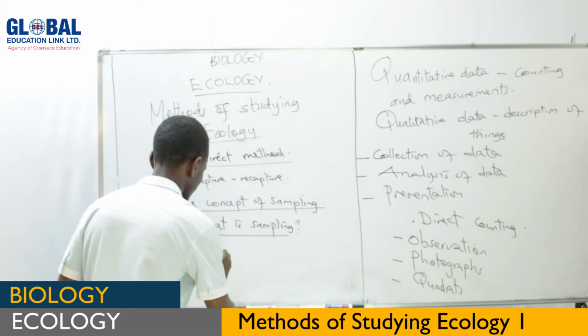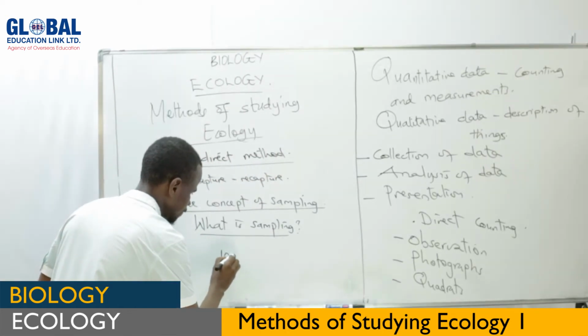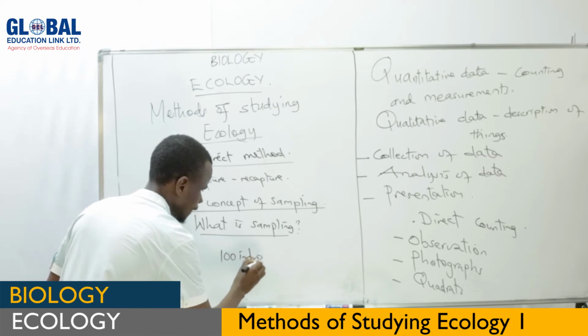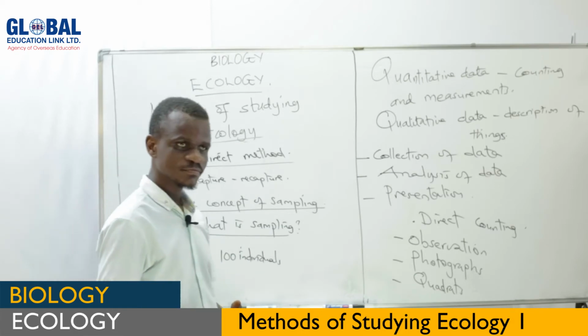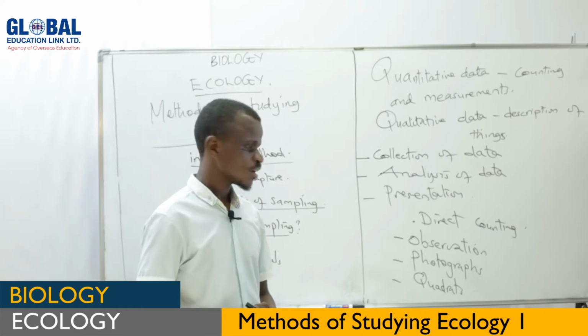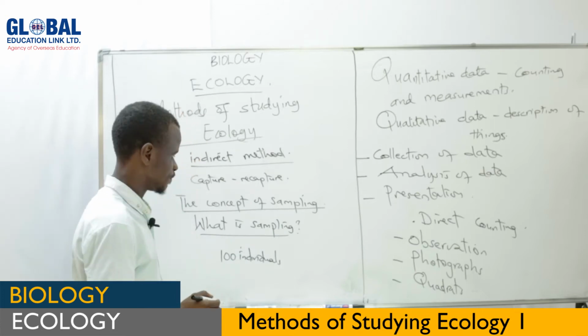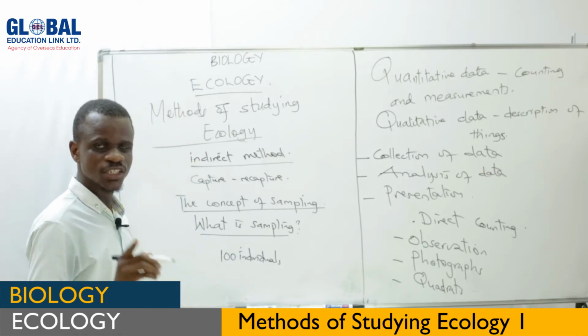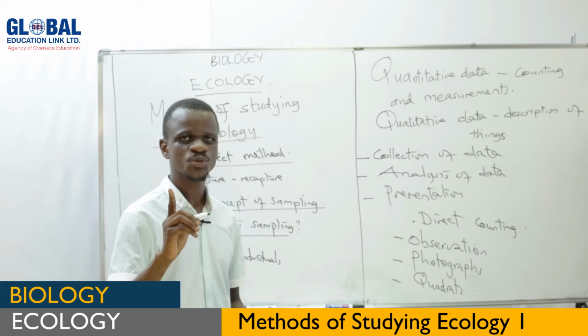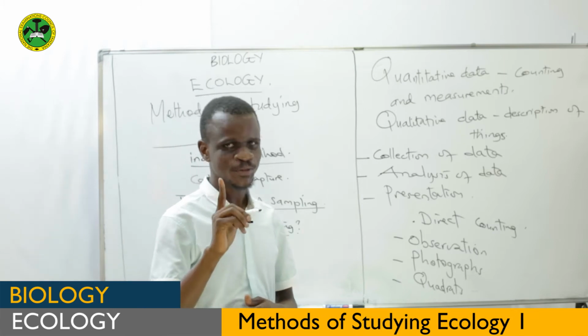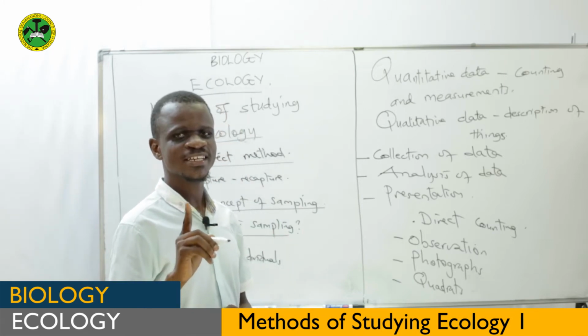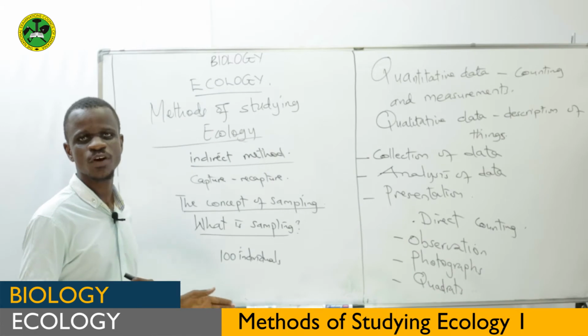You have 100 individuals and you want to study their characteristics. Can you study each individual? Really, it will take you time and cost you to study all 100 individuals. What you will do is select just a small number of individuals to represent the total of 100.